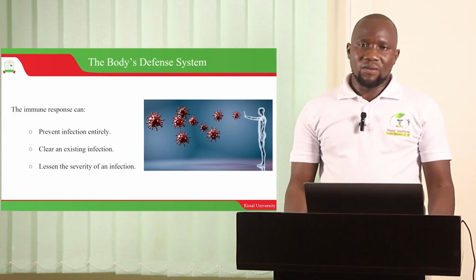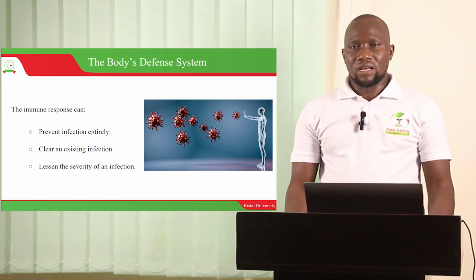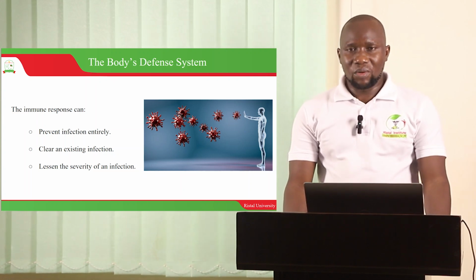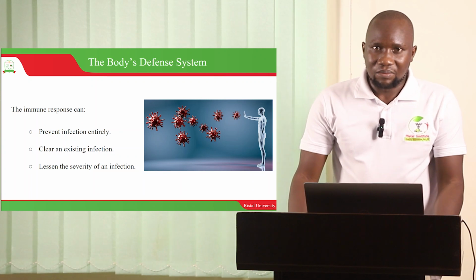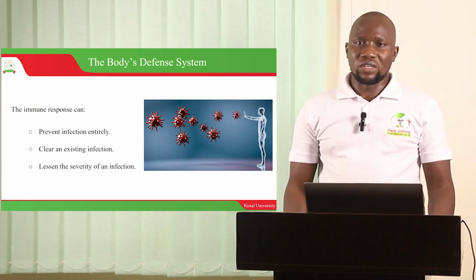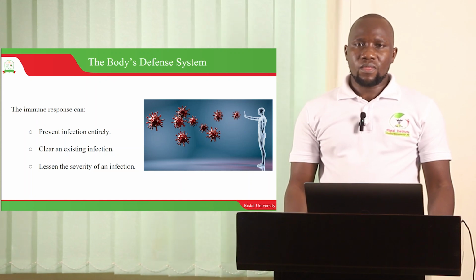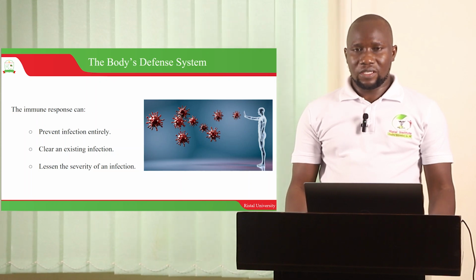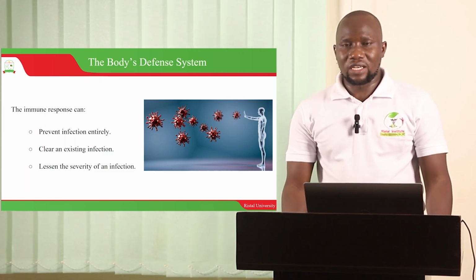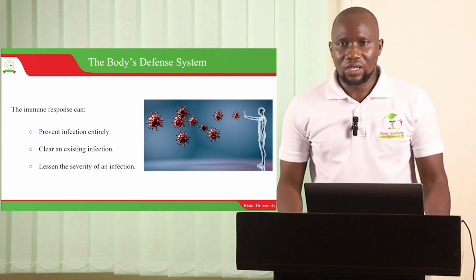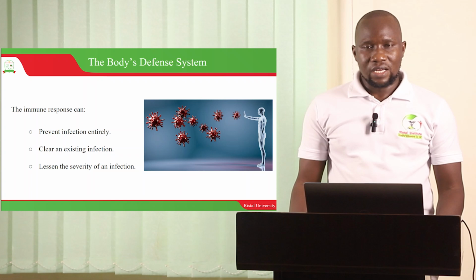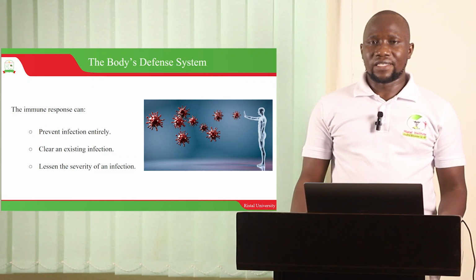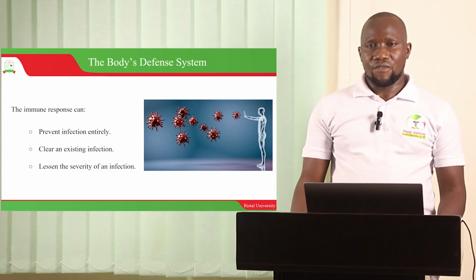The body can be invaded by pathogens. This can be viruses, bacteria, protozoa, or any other organism that can cause damage or injury to any body organs or tissues. The immune system usually responds to make sure that these pathogens cannot cause an infection, and if the infection does happen, the effects are mild, which means it lessens the severity of the infection.